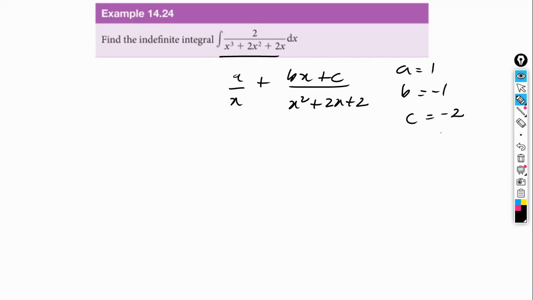So that means that we can rewrite this expression here in partial fractions as 1 over x, and because these two are negative, I'll just write it as minus (x plus 2), and this, of course, over x squared plus 2x plus 2. So now we can integrate this.